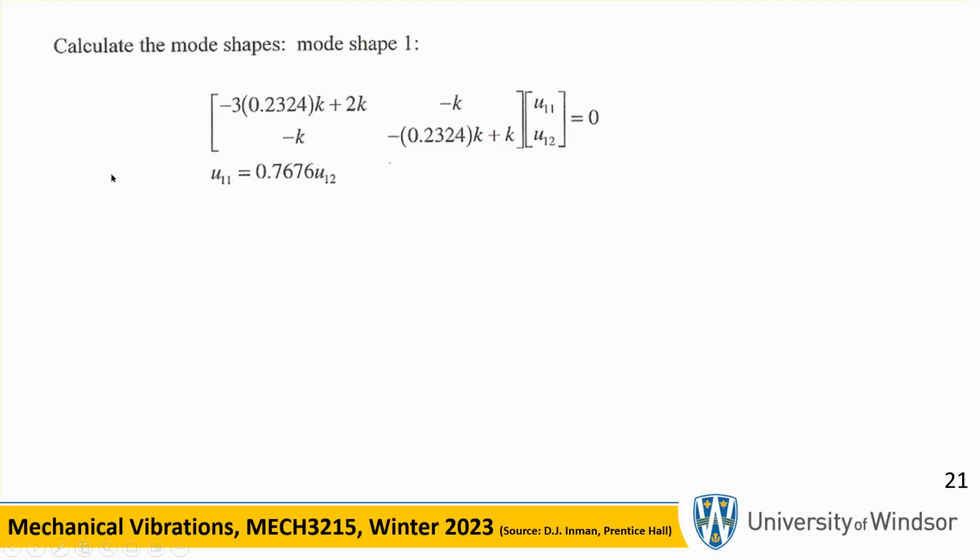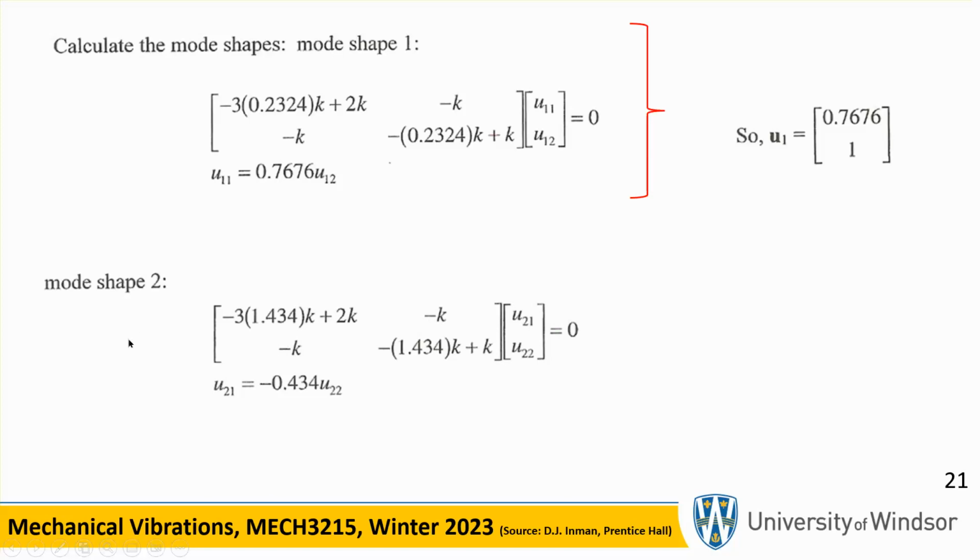And if you do that, you see that actually these are not two equations. These are the same equation. Therefore, we have freedom to choose one of these. So for example, I can choose U1 to be 1, and find U2 in terms of that. Now, for the second mode shape, take the other frequency.